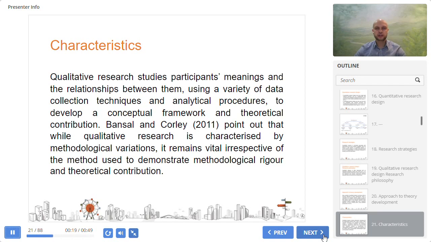Pansal and Corley in 2011 point out that while qualitative research is characterized by methodological variations, it remains vital irrespective of the method used to demonstrate methodological rigor and theoretical contribution. Data collection is non-standardized, so that questions and procedures may emerge during the research process that is both naturalistic and interactive.